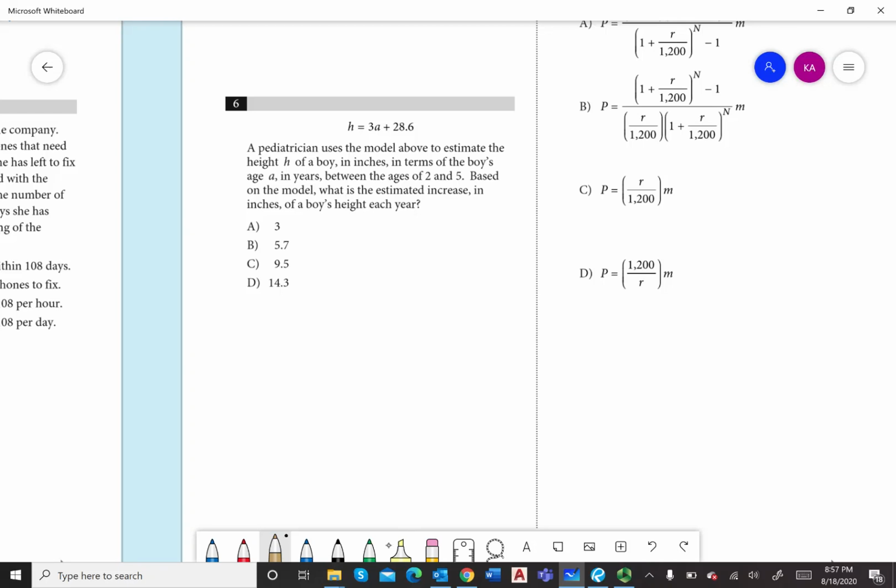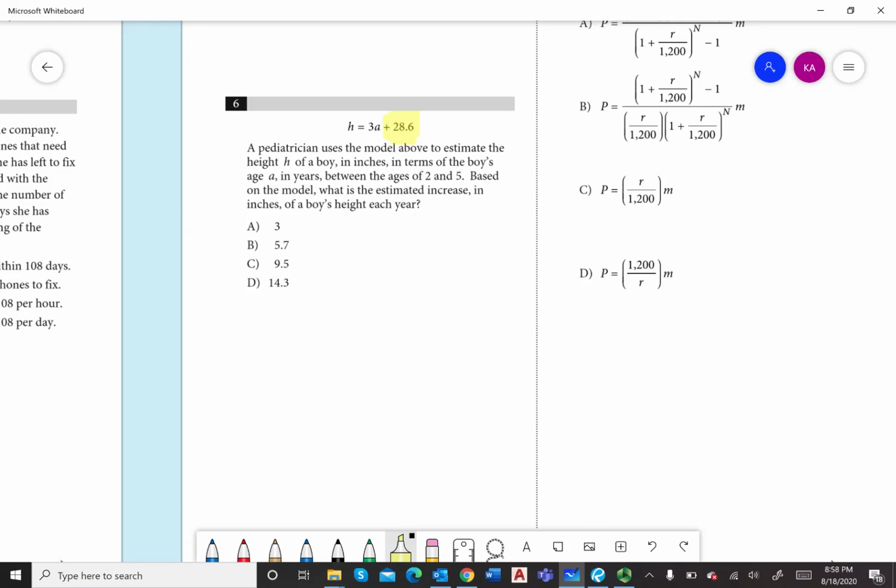Okay, so there are 2 ways you could do this, and I want to show you both ways. First, you can just look at the formula and say, well, this is a constant here. That's not a rate, that's a constant. It's talking about a rate of change. If you look at it, it's talking about an increase each year, which is like a rate.